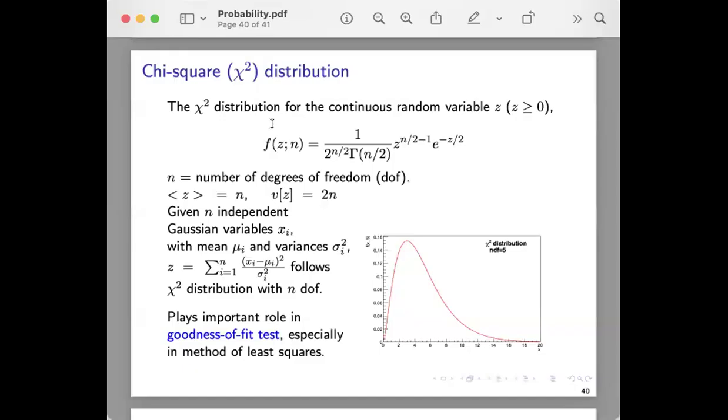So we use that quantity, usually called a chi-square. Did you get the point? Okay, now we can go back.